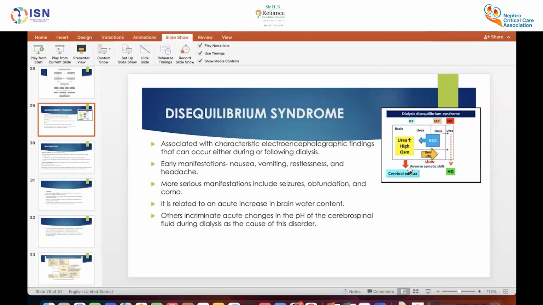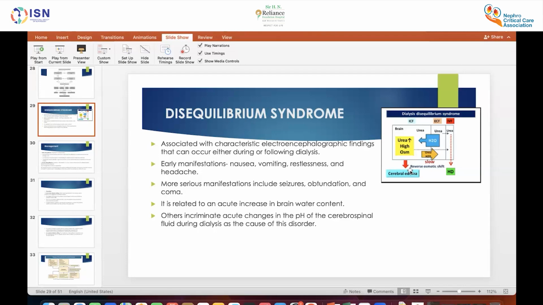And in the plasma osmolality, when you calculate, glucose is there and sodium is there. So if a patient has low sodium with a high urea level, then the chances of disequilibrium syndrome are more. So these are some of the risk factors you have to see prior to starting the dialysis, so that if you go slow, the chances of DDS will be less.